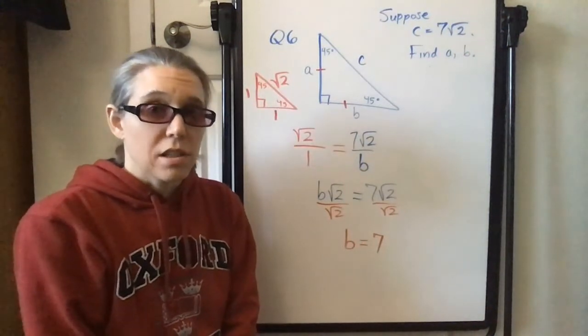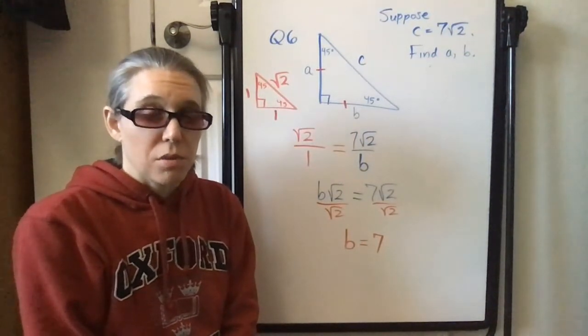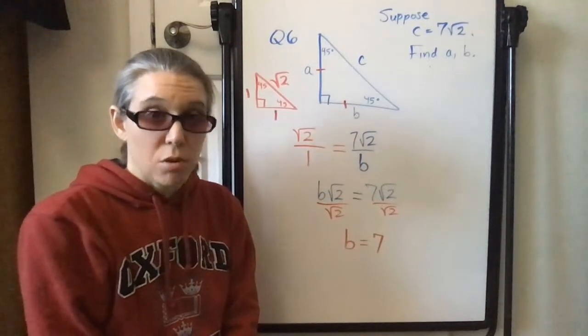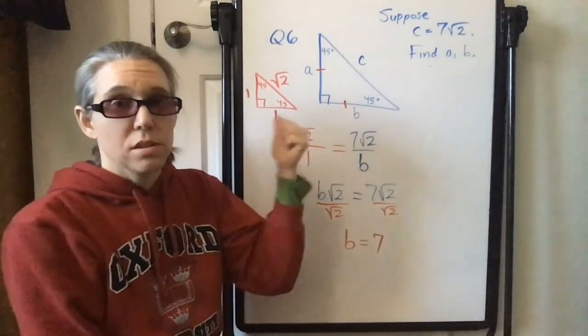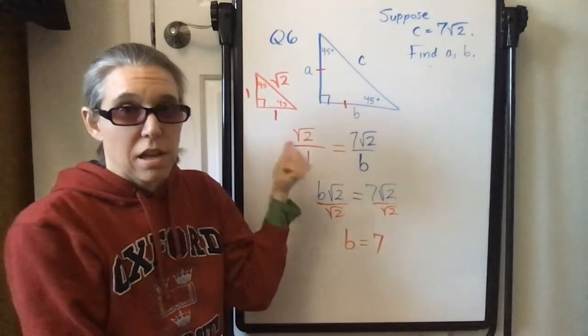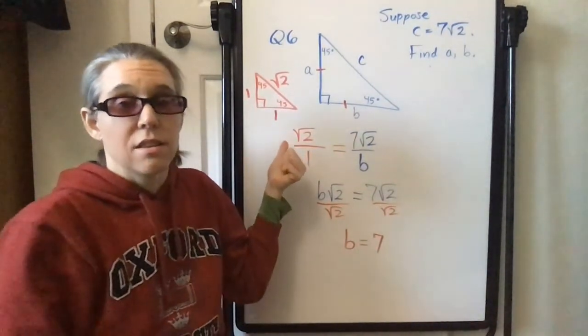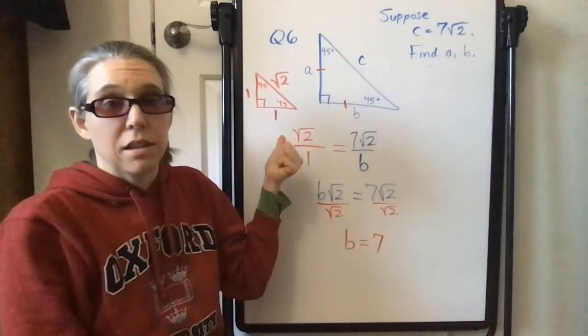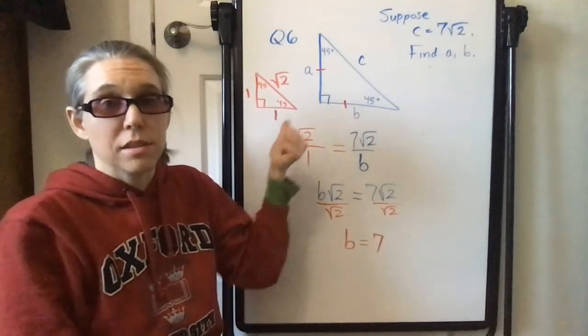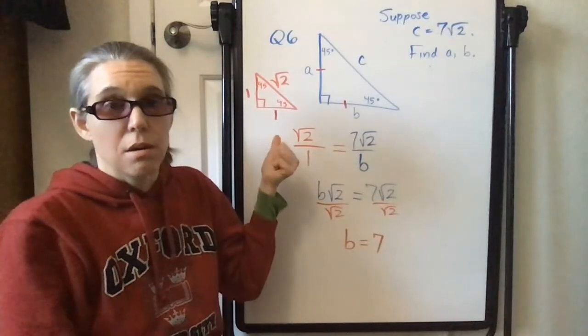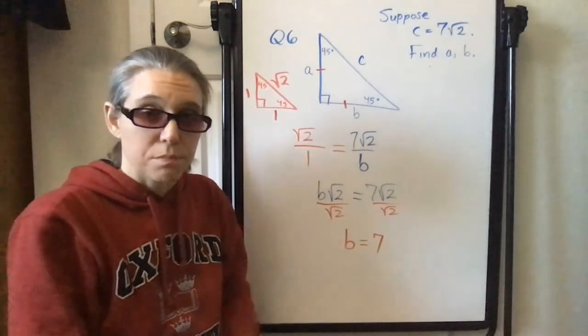But I do want you to understand this from a geometrical point of view, not just merely a formula. We have two similar triangles, and we can set up a proportion that represents their sides because the side lengths must be in ratio, being that they are similar triangles.